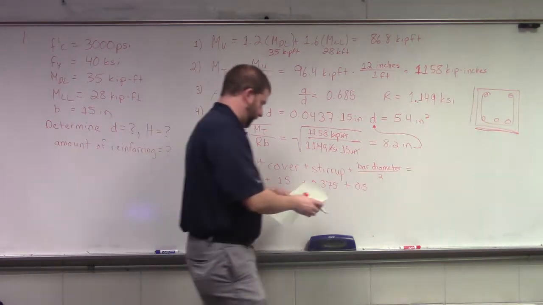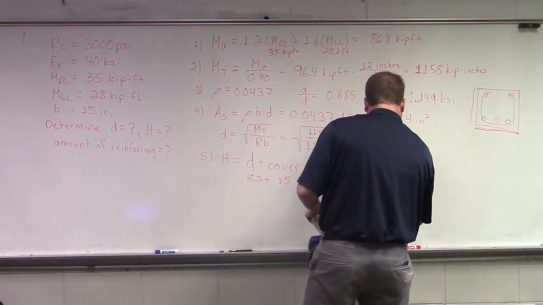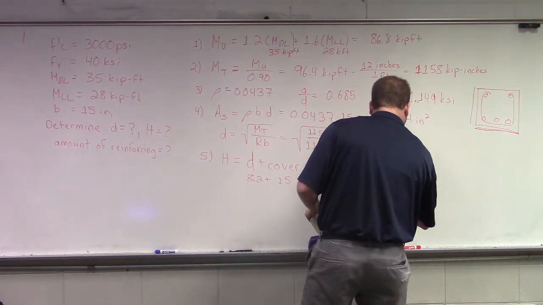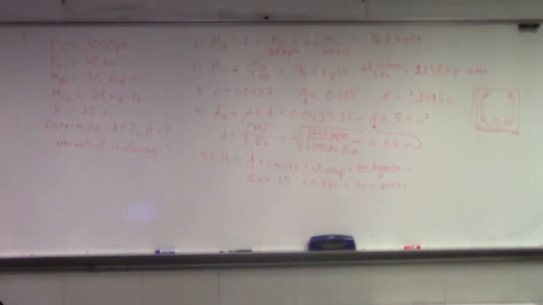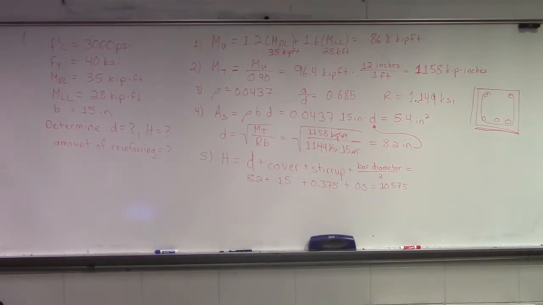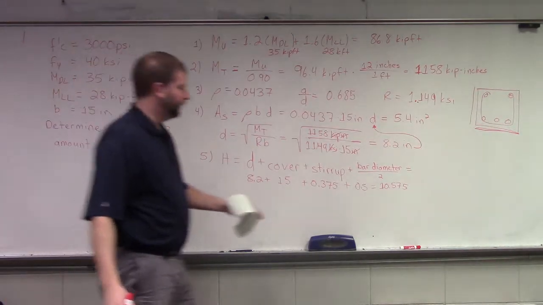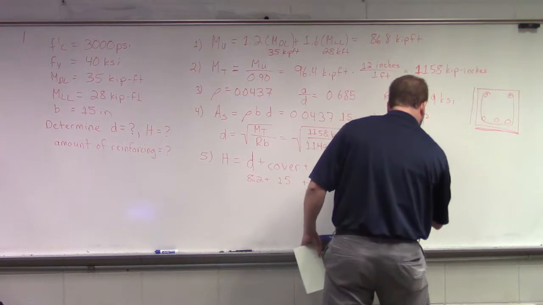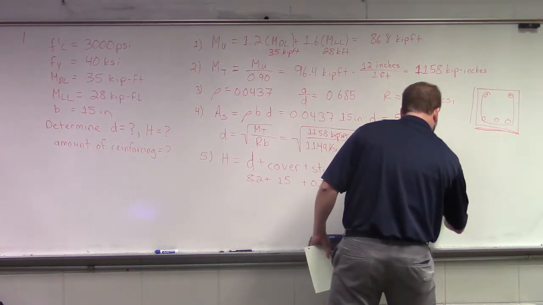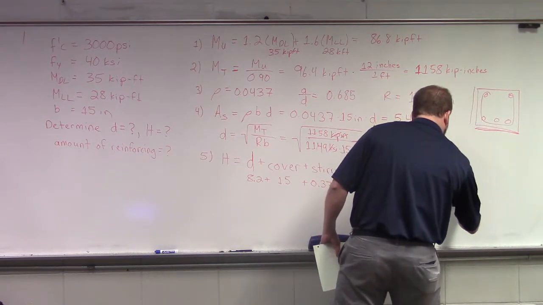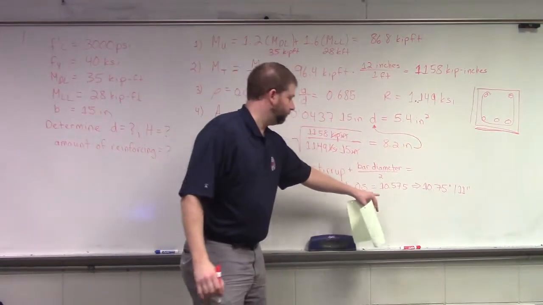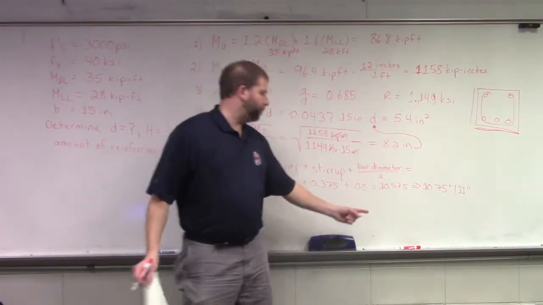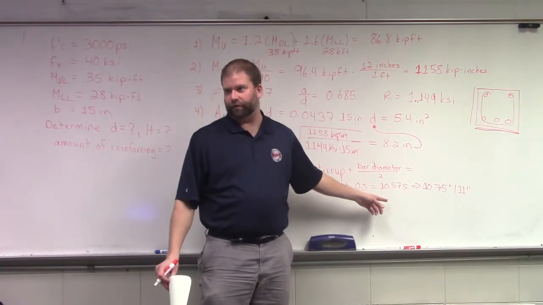So it ends up being 10.575 inches, right? And in actuality, what's probably happening is that because we said the bar diameter is 1 inch, we're probably not making a 10.575 inch beam.